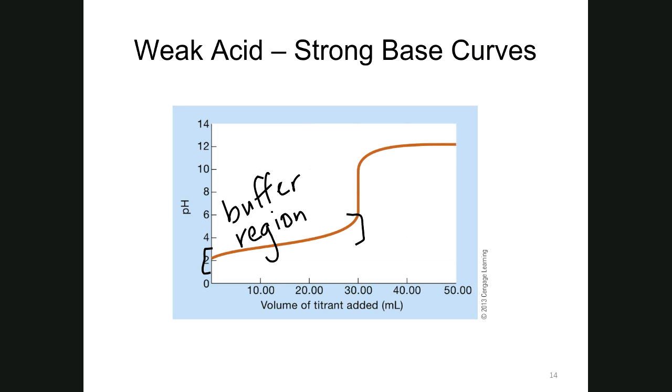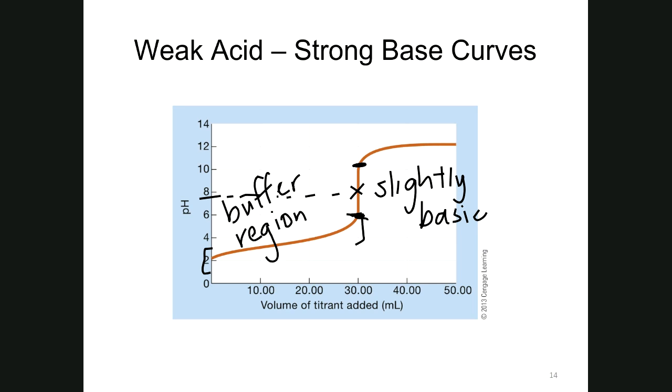Then same thing, we look in between our vertical line and look for right in the middle. That's our equivalence point. So notice that here, our equivalence point for a weak acid and a strong base curve is going to be slightly basic. For this particular graph, we can see that it's at about pH 8, so slightly basic.